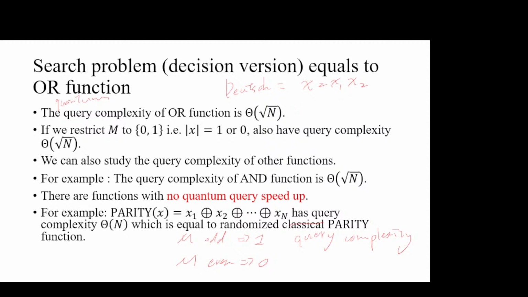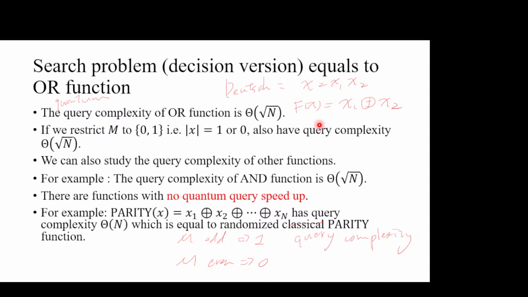So in Deutsch's problem, x is just 2 bits, and we ask whether it's a balanced function or a constant function. That's Deutsch-Jozsa, but in terms of Deutsch, we ask whether f of x1 equals f of x2.